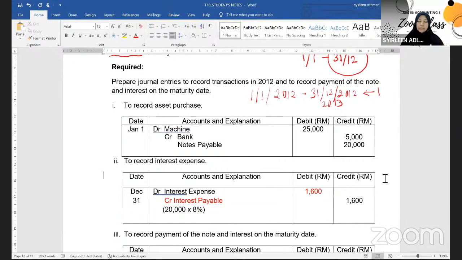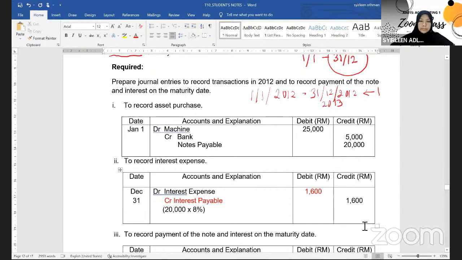Sebab kita juga ada interest expense daripada bond, kita juga ada interest expense daripada loans. So all that will be gathered together in one particular ledger. So nanti kalau you come out with the interest expense ledger, actually kalau ada beberapa liabilities, all that will be recorded in one ledger, dalam ledger yang sama.